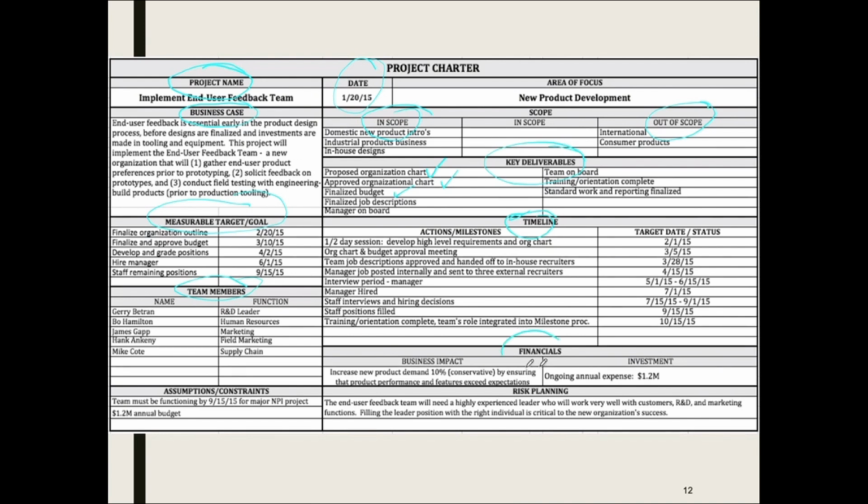You also need to cover the budget or the financial aspects of this project: how much it will cost, and how it's going to impact the business in terms of money. Here it says the investment, so this is the cost. The investment will be 1.2 million, and the business impact is that it will increase the product demand by 10%. So this is the financial aspect of the project.